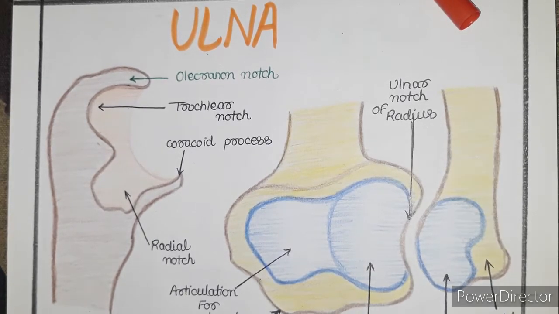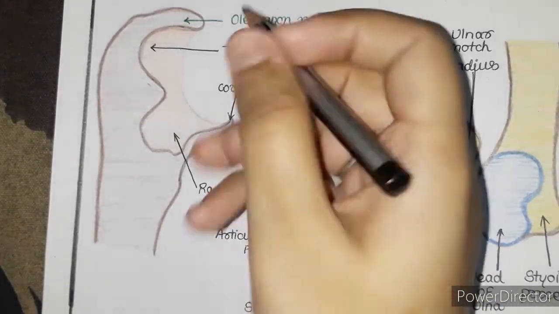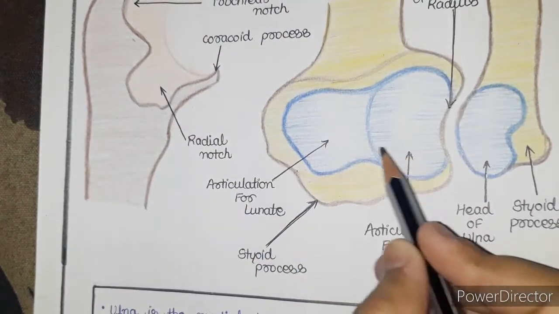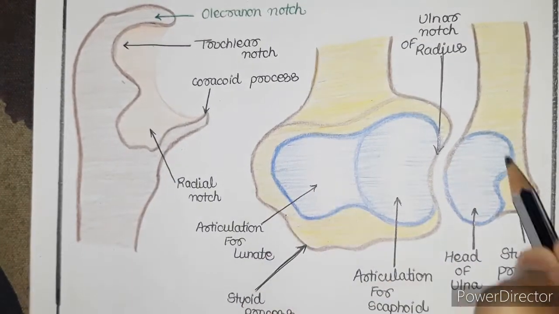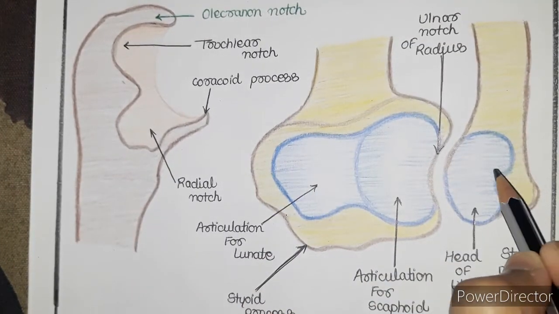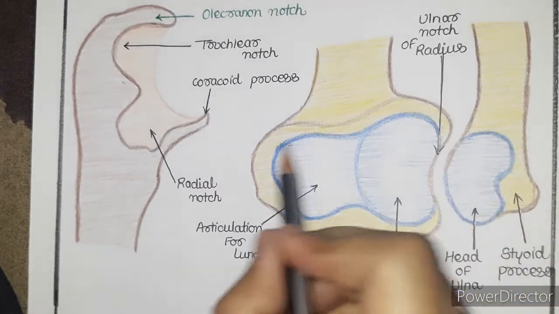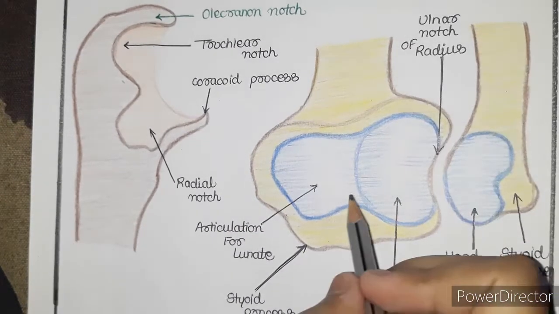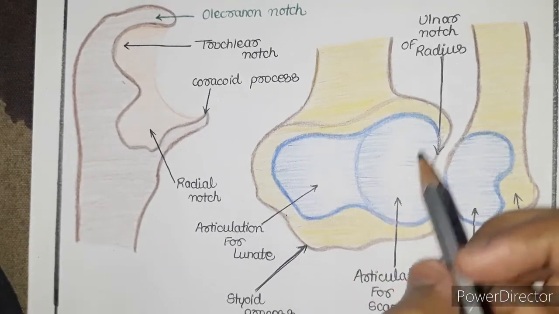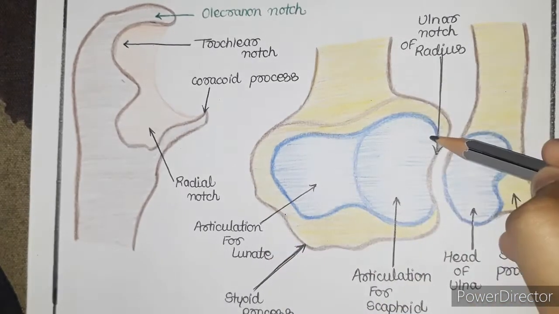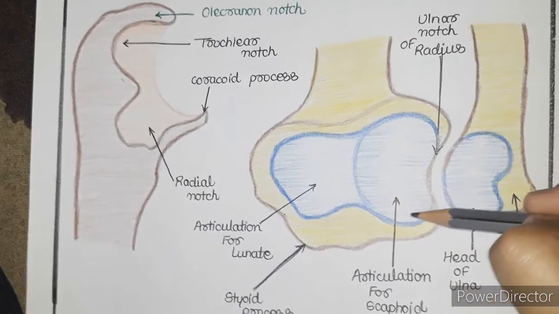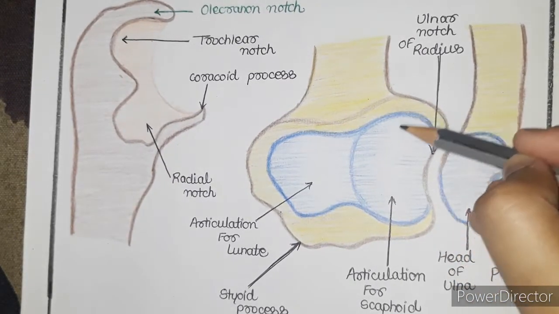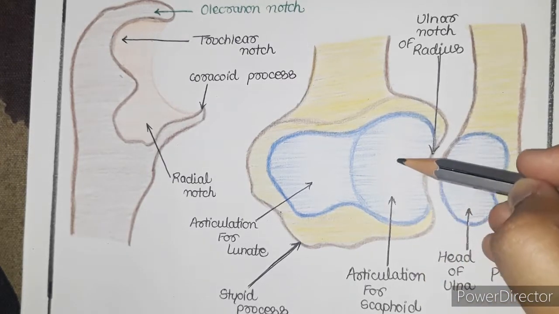Okay. So this is the ulna bone, upper end of the ulna bone. And this is the radius bone, lower end of the radius bone, and lower end of the ulna bone. If you remember, I have already shown you this in the previous video of radius. This is the lower end of the radius, and it has articulation for the scaphoid bone, which is triangular, a little bit triangular, although it's not triangular here, but never mind.